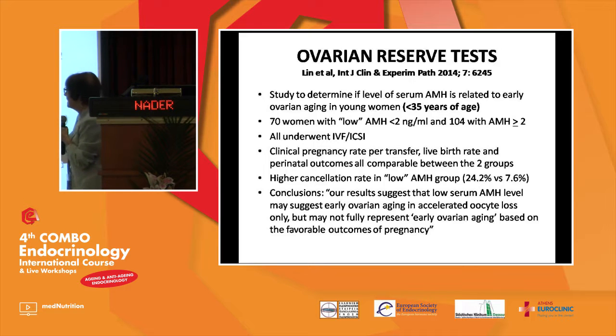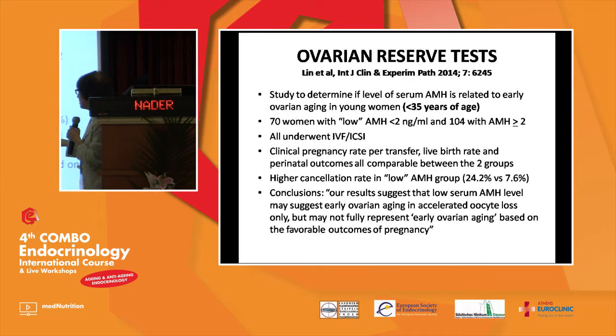All of them had in vitro fertilization and intracytoplasmic sperm injection, and the clinical pregnancy rate per transfer, live birth rate, and perinatal outcomes were all comparable between the 2 groups. In other words, those with a low AMH didn't do any worse than those with a high AMH by and large in terms of pregnancy rate.